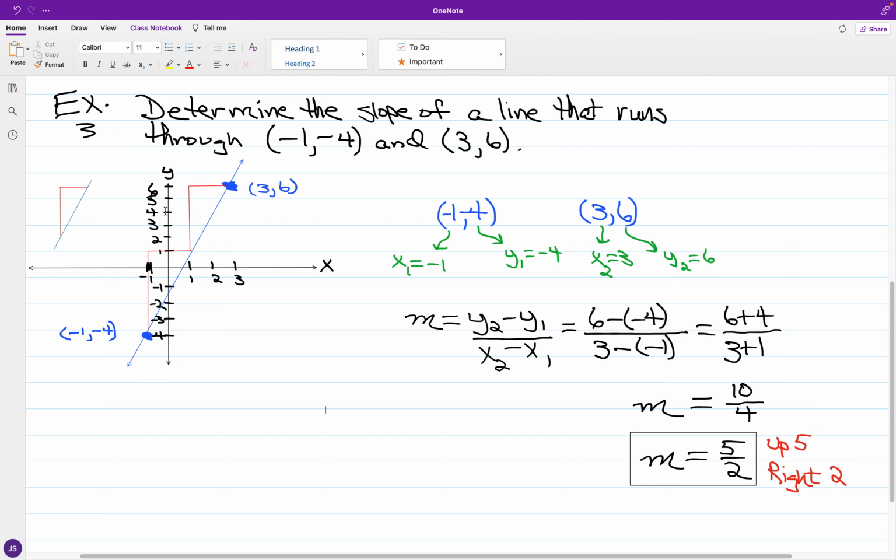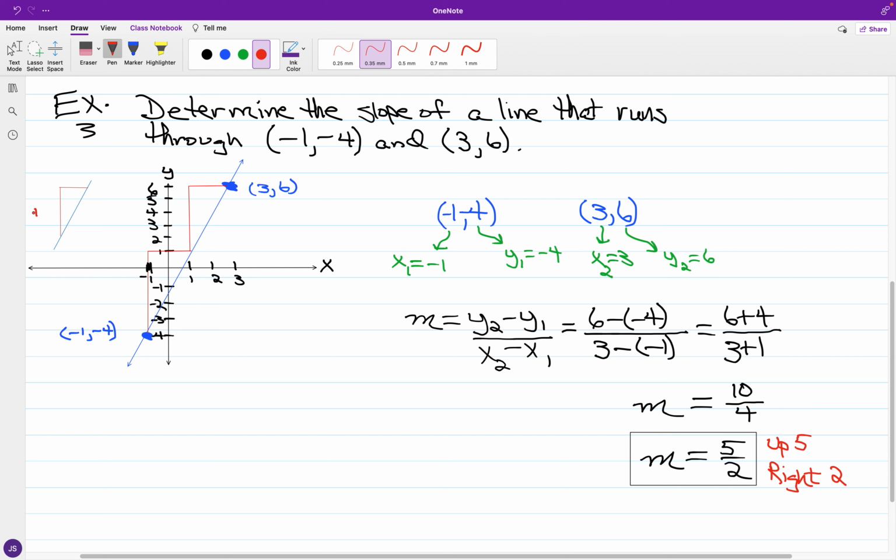Okay, so you have a bit of a triangular formation along here, so you have a cycle of going up 5 units and shifting over to the right 2 units.